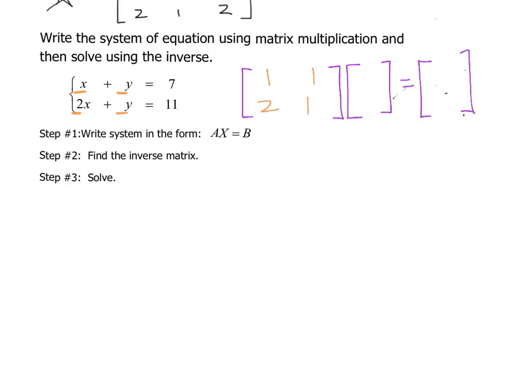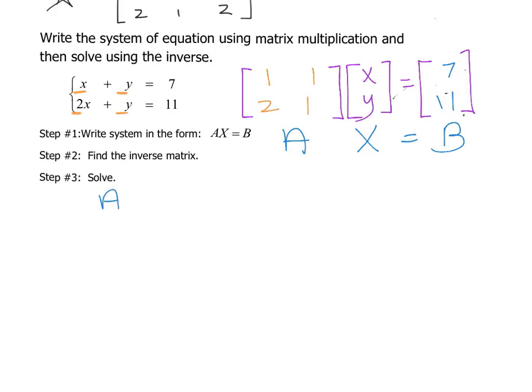My variables are x and y, and my right-hand side is 7 and 11. So this is my matrix A, this variable matrix is my matrix X, and my right-hand side is my matrix B.